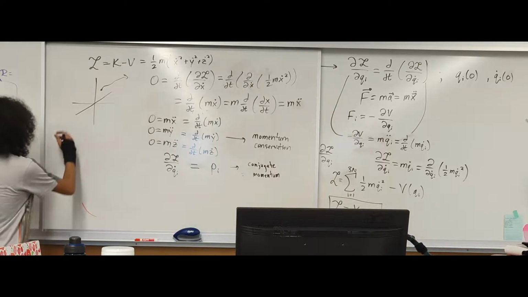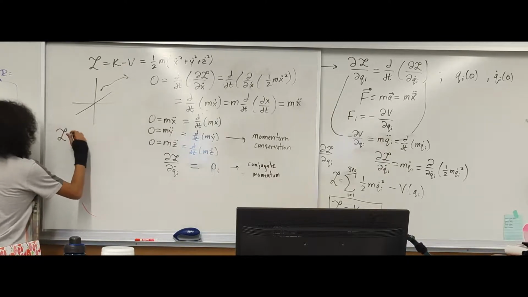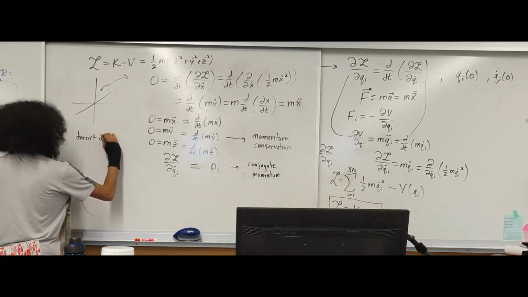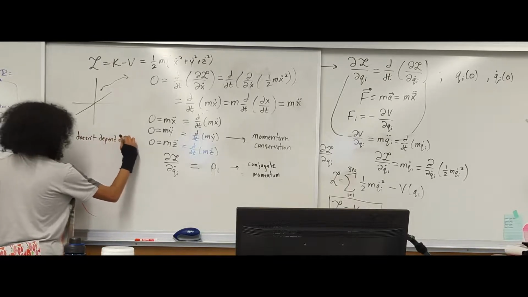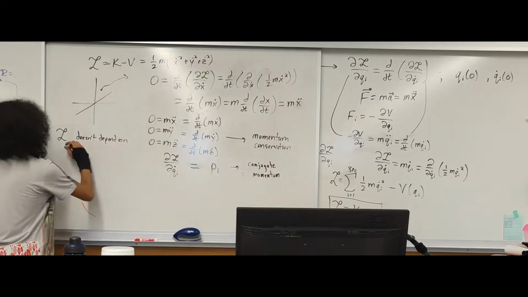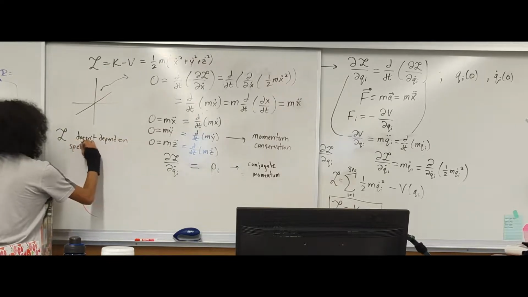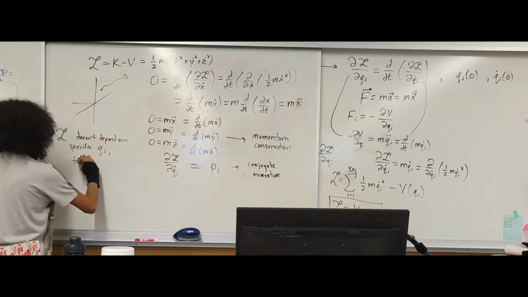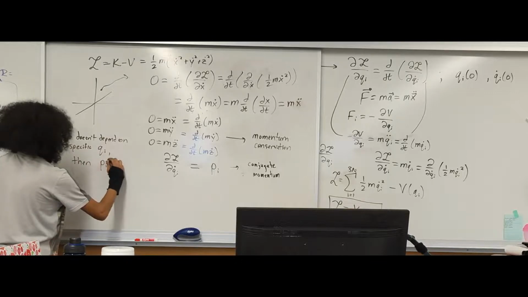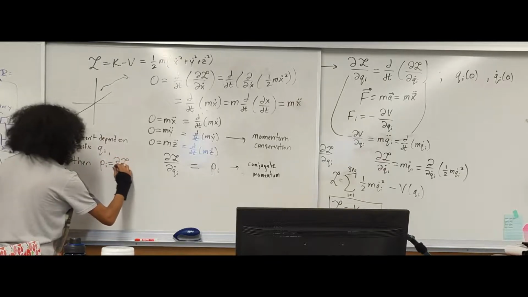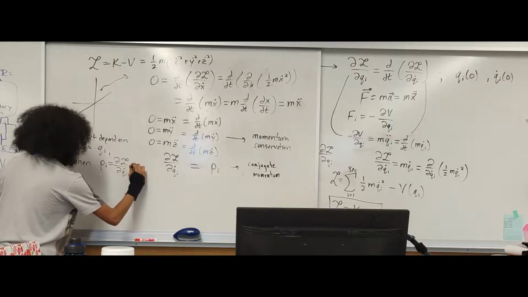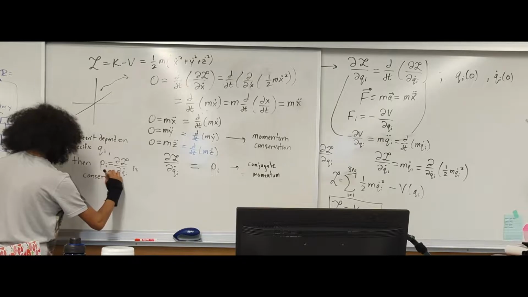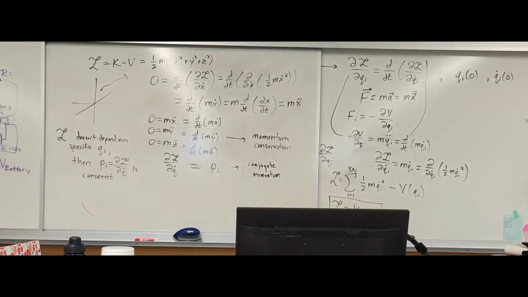So if we have that the Lagrangian does not depend on a specific generalized coordinate, then this conjugate momentum is conserved. Does that make sense? Yeah.